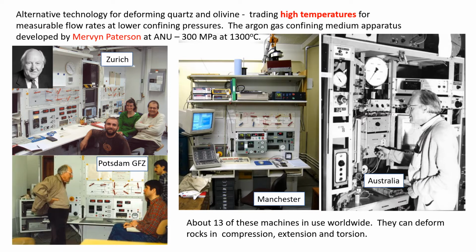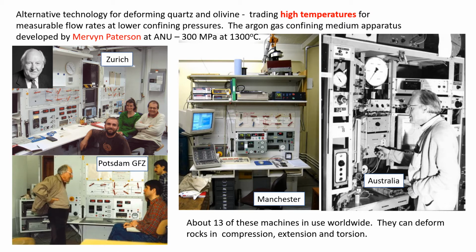In the meantime, Mervyn Paterson in Australia developed and refined the use of gas medium machines to allow very high temperatures, 1200 degrees Celsius and higher, limited only by the melting of the minerals concerned or their chemical breakdown, and this would allow flow stresses to be reduced sufficiently so that more moderate pressures could prevent deformation being dominated by cataclasis.